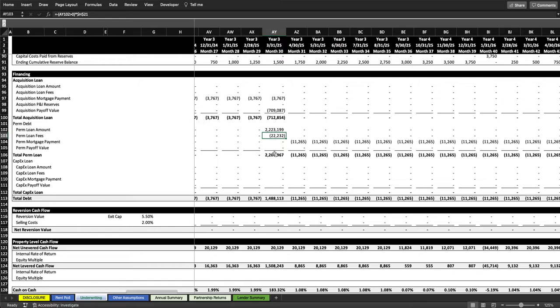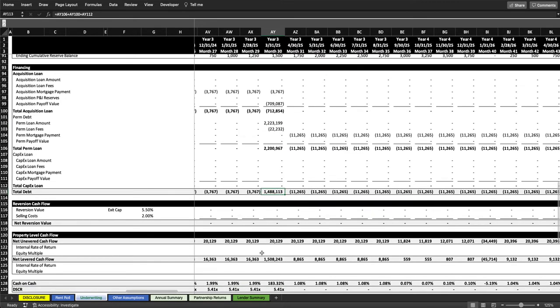But you'll notice, based on the difference of paying off the first loan's outstanding balance of $700,000 and getting permanent funding for 50% of the current value in month 30, you're getting $2.2 million. This is actually a cash out refi of $1.48 million. That's going to be reflected on your bottom line.